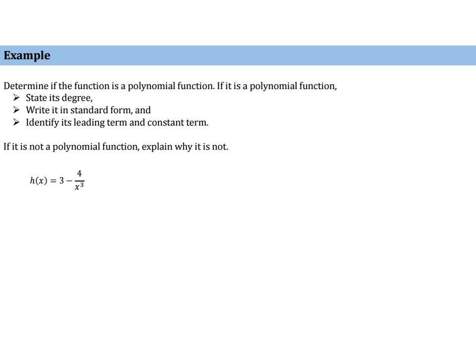Now let's look at another example. Is this a polynomial function? Notice that we see a variable in the denominator, and so therefore this is not a polynomial function, and it comes down to this term. If we think about it, this would be 3 minus 4x to the negative third. So this is not a polynomial function.